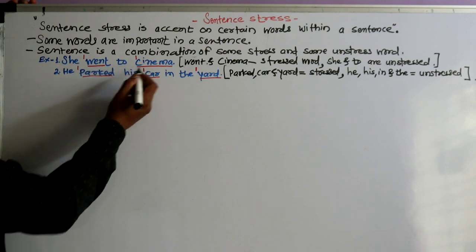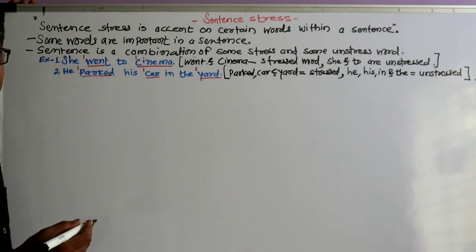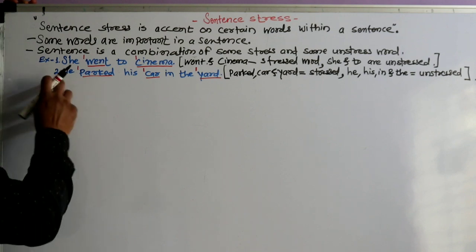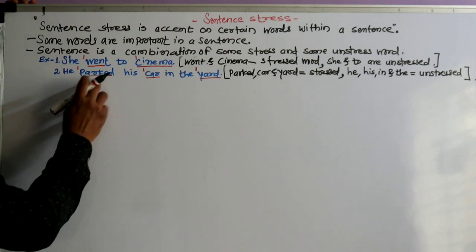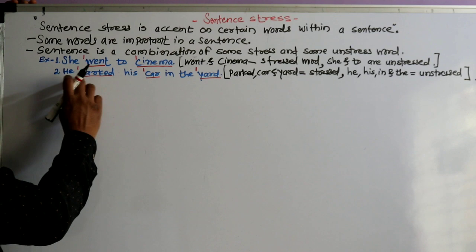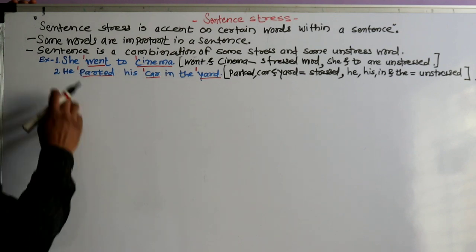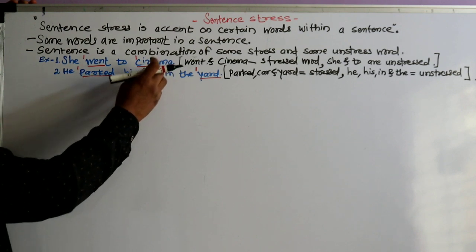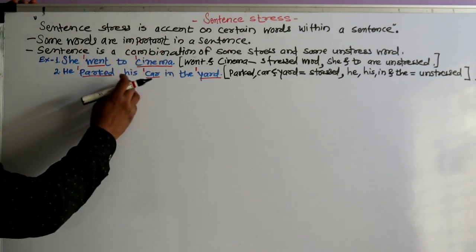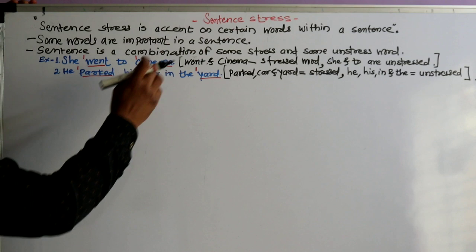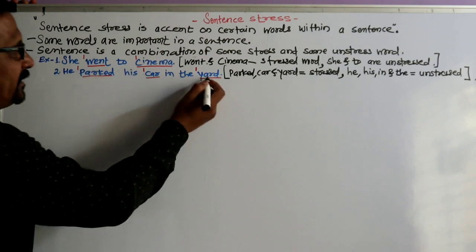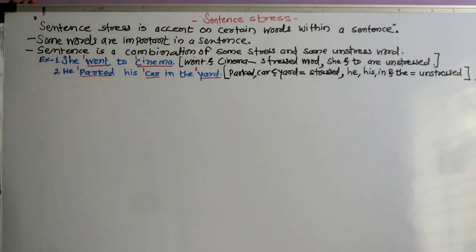Pronunciation of these trace words takes longer time. In the second sentence, he parked his car in the yard. He parked his car in the yard. So park, car and yard, these are traced forcefully.